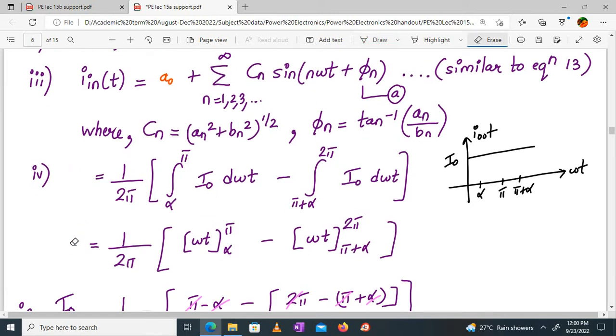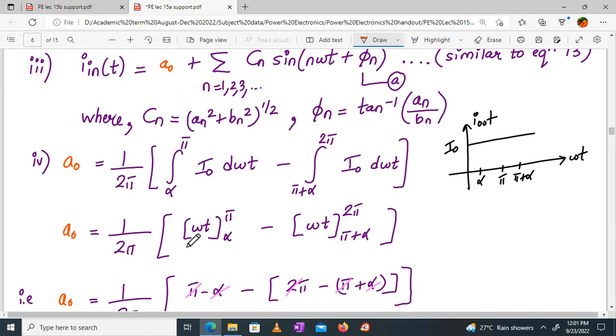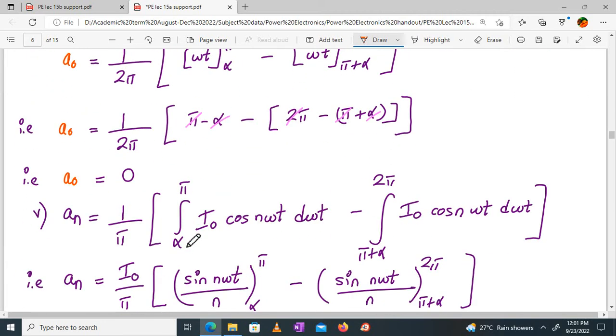Otherwise the confusion would be: you say I0 is IDC, so how is it zero? It is not zero. This is a constant. We can write here a0. Fine. And now there is no confusion, right?